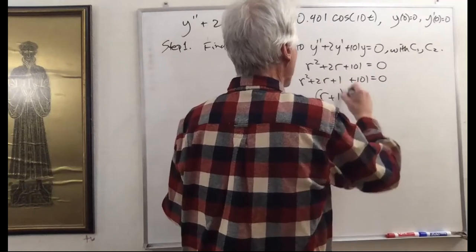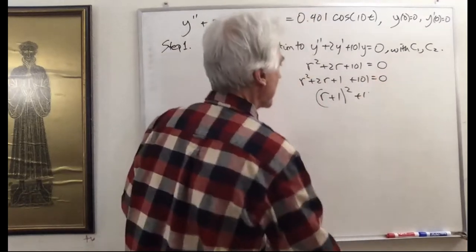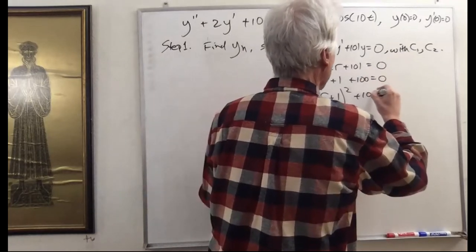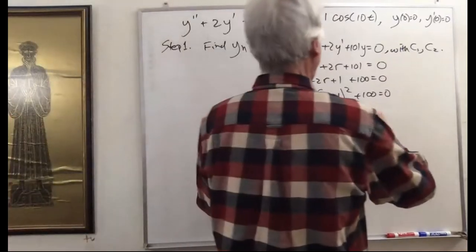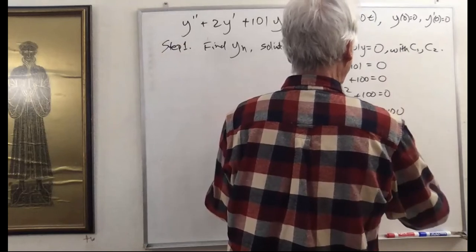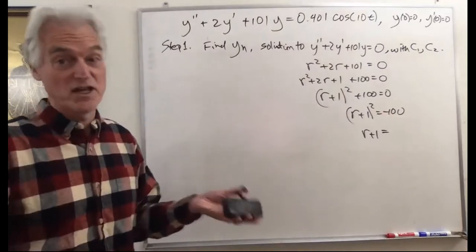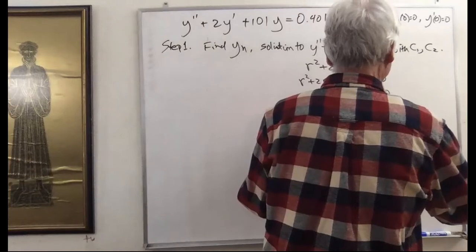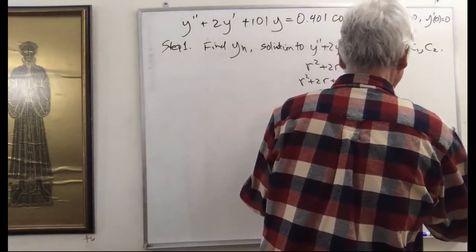R plus 1 all squared plus 100 is 0, right? So R plus 1 squared is minus 100. R plus 1 is, well, the square root of negative 100 is plus or minus 10i, right? So you get R is minus 1 plus or minus 10i.